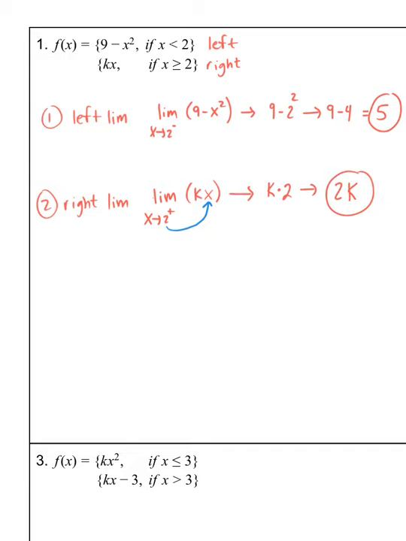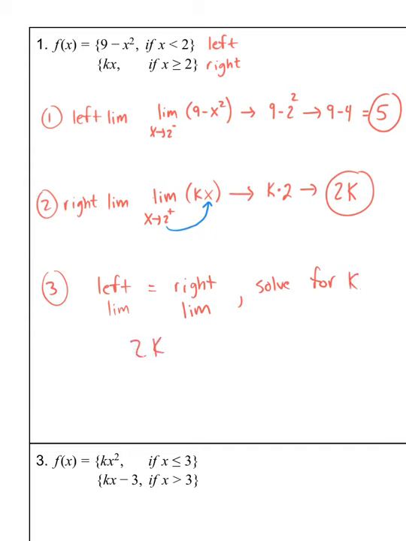The third step, we set them equal. In order for the limit to exist at 2, the left and the right have to be the same. So we set the left limit equal to the right limit, and then we solve for k.